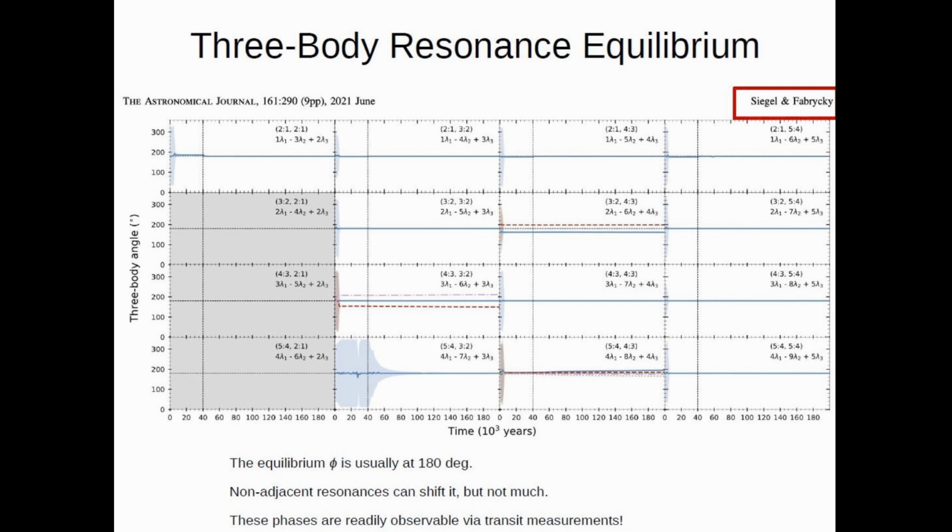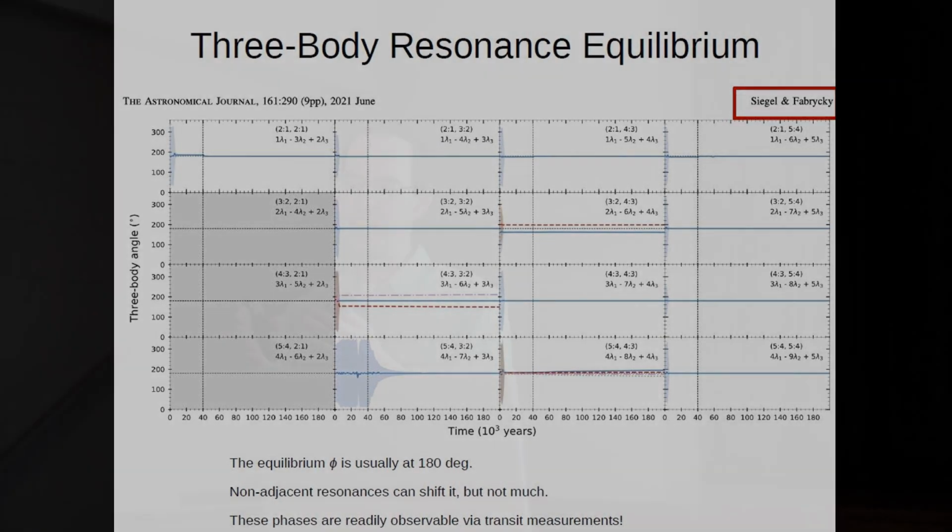And it's the exact same thing, but now applied to exoplanets. And what we found was that when we form all those coefficients the right way, it's also 180 degrees in these systems. There are some slight exceptions, but it's usually at 180 degrees. What's fantastic about this is that it's just the orbital phase. It doesn't have to do with exactly how circular the orbit is.